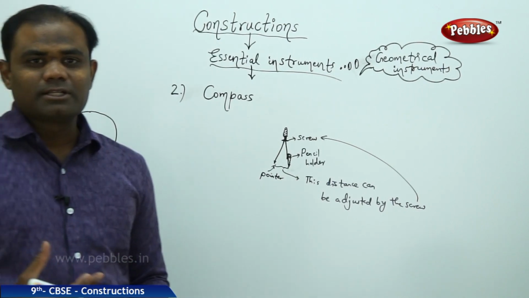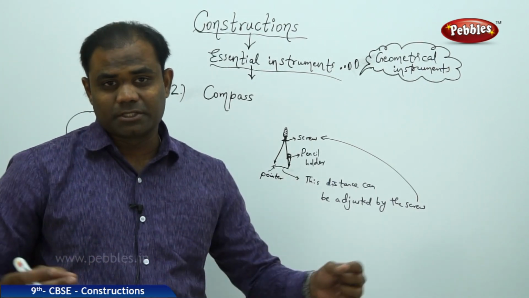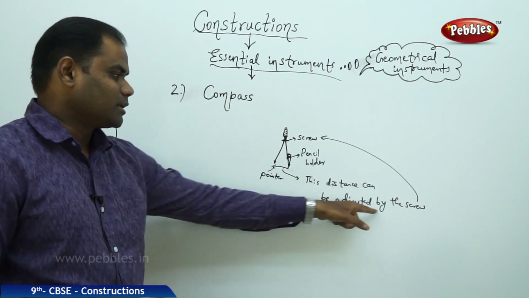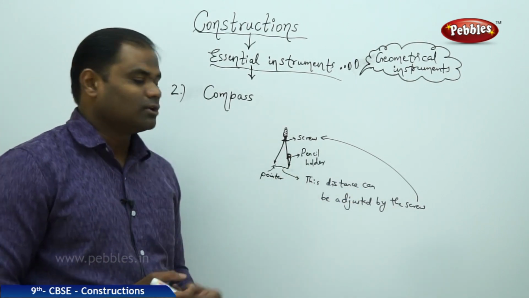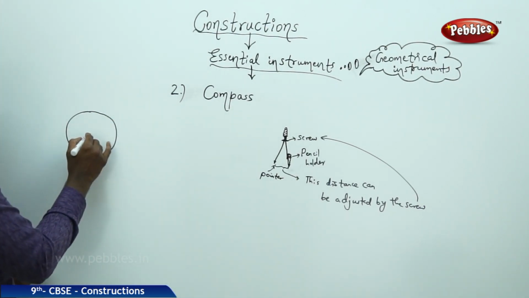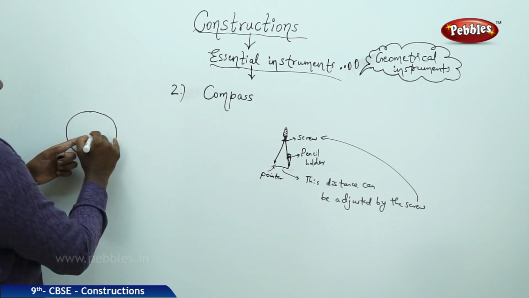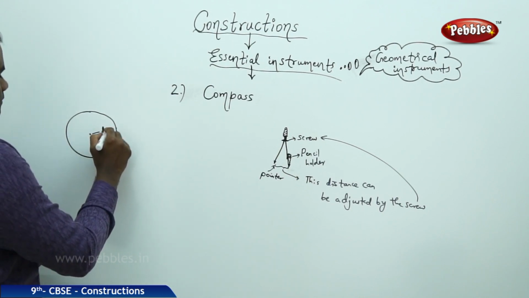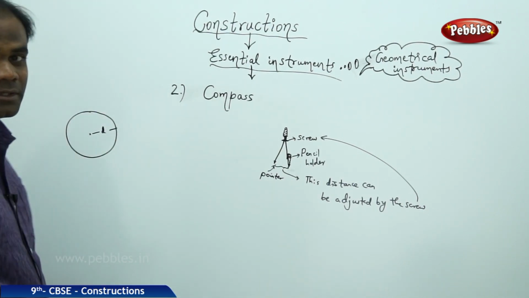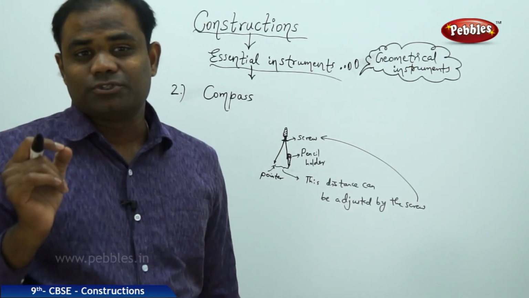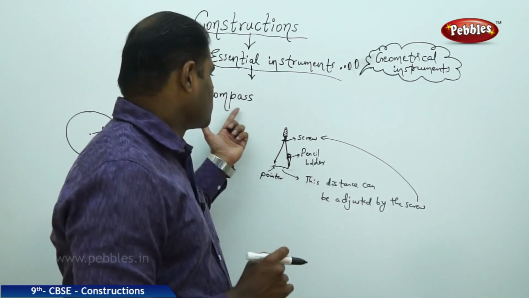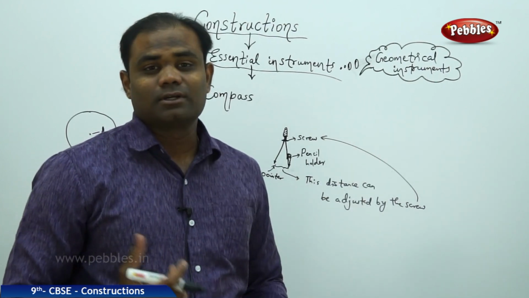The suitable distance which we wanted can be adjusted by moving to and fro, and getting the fixed distance can be adjusted by the adjustment of the screw. And then with that distance, I put the pointer here and I put the pencil out here at this suitable distance, and then I rotate the pencil, keeping the pointer fixed. Then I get a perfect geometrical circle. Construction of a circle is the significance of using a compass.